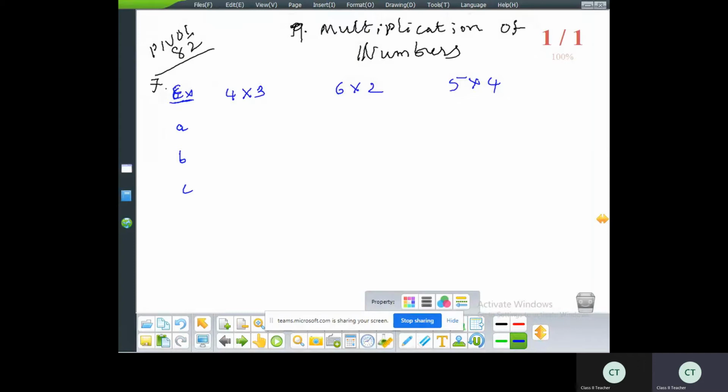Now find the product of 4 into 3, or 4 is multiplied by 3. Read 4 table: 4 ones are 4, 4 twos are 8, 4 threes are 12.